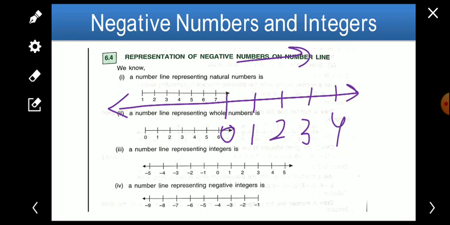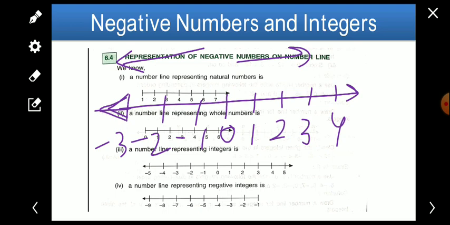And on the left side of 0 we will label the negative integers like -1, -2, -3 like this. So negative numbers are also there in the integers.